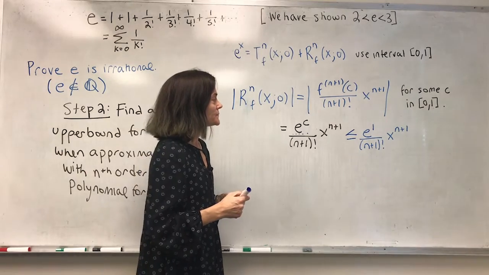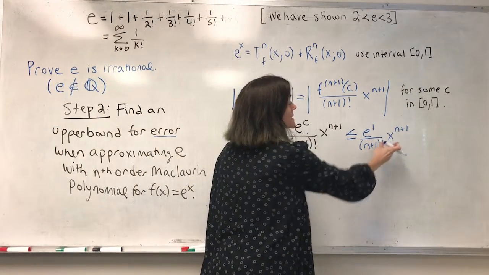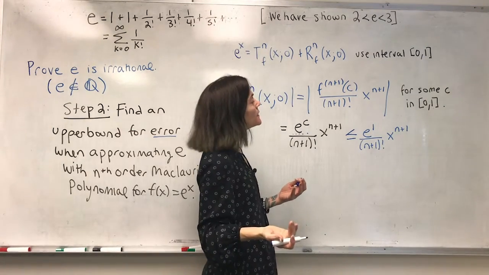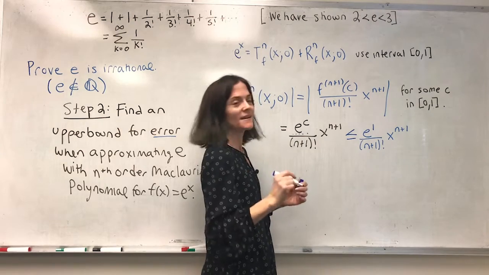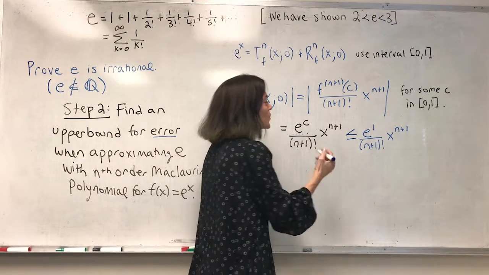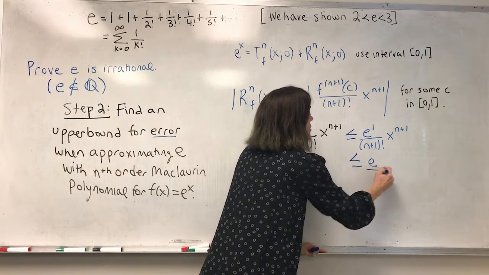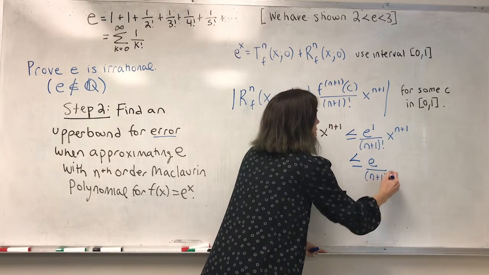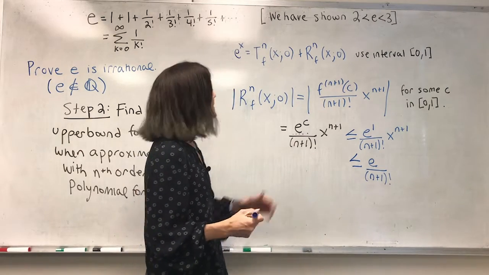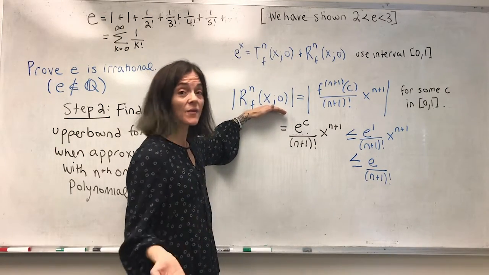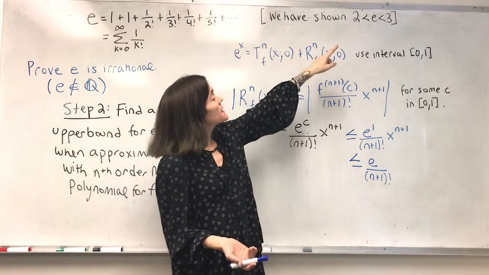Okay? Now, maybe I'll work with the x to the n plus 1. The biggest this can be between 0 and 1 is at 1 to the n plus 1, which is just 1. So this is less than or equal to e over n plus 1 factorial. The final thing I will do to bound this error, or bound the remainder, is here.